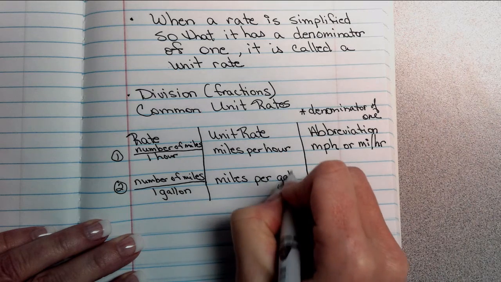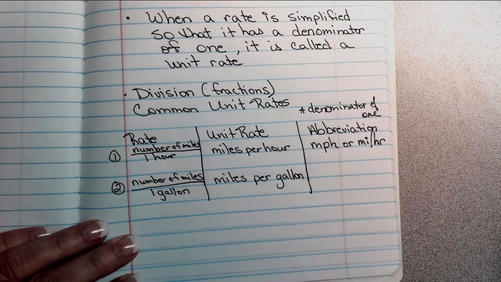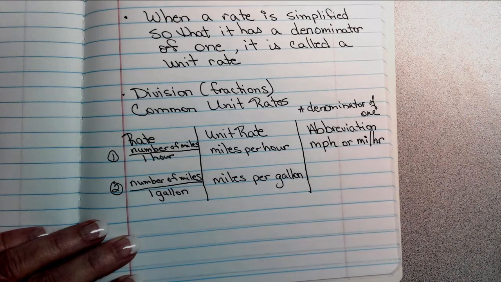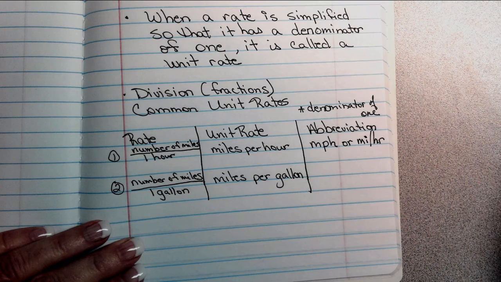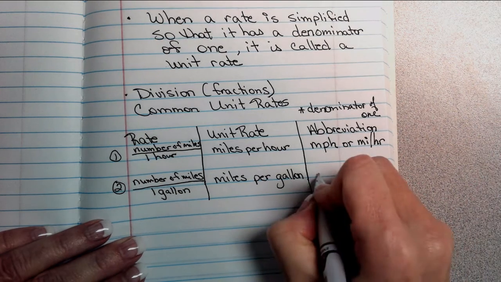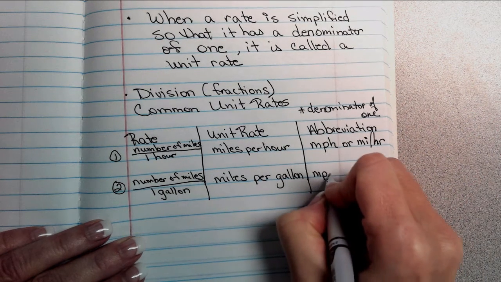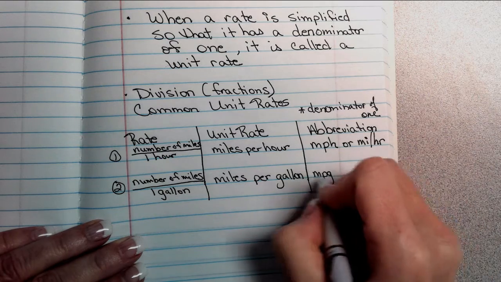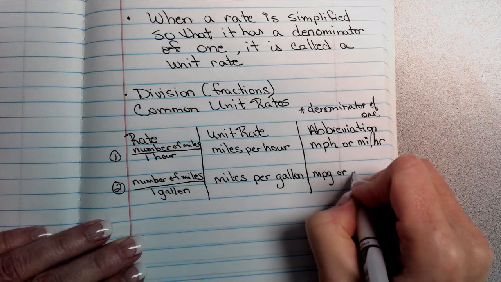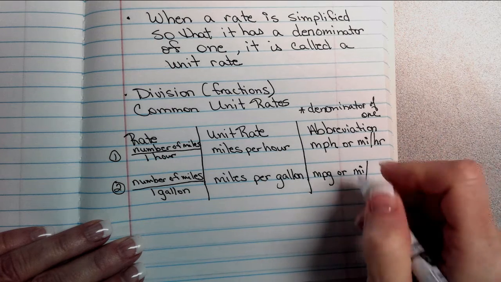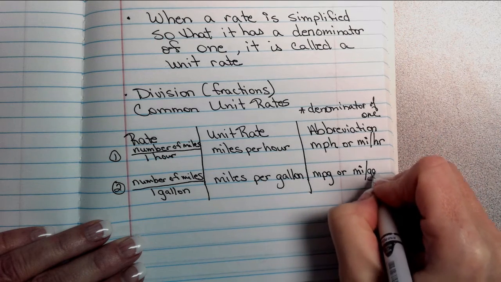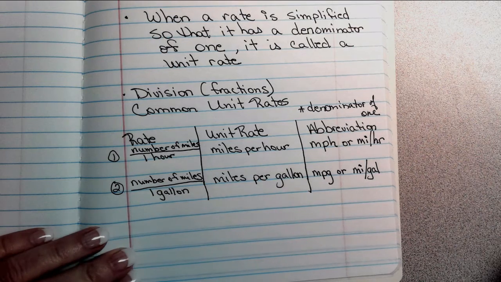If you got a good car, or you got a car that gets good gas mileage, it probably gets 30 miles per gallon. So it can drive 30 miles and only use 1 gallon of gas. So we call that its MPG or MI/GAL, with the slash meaning per, and GAL for gallon.